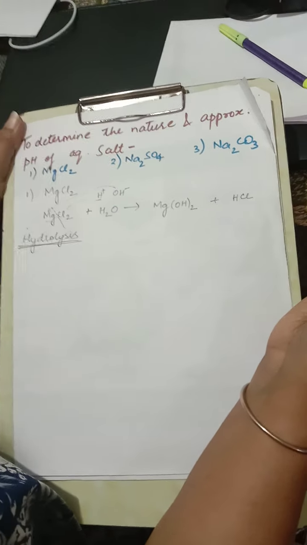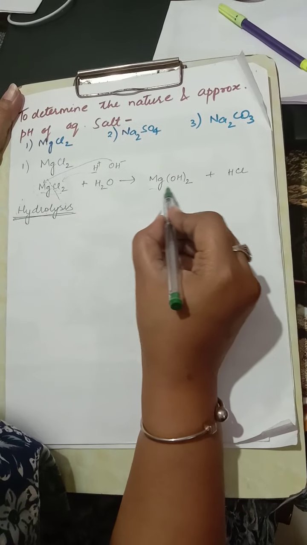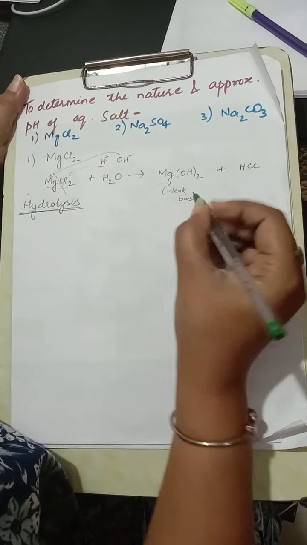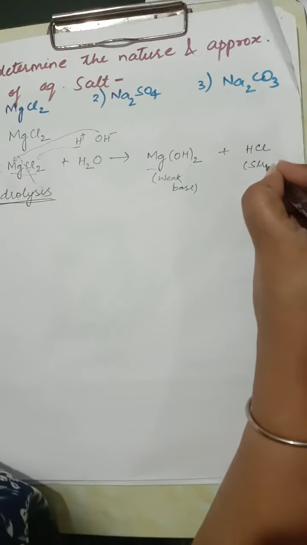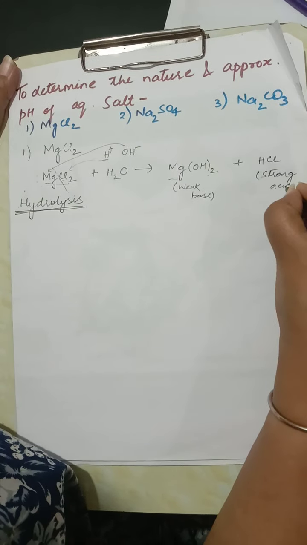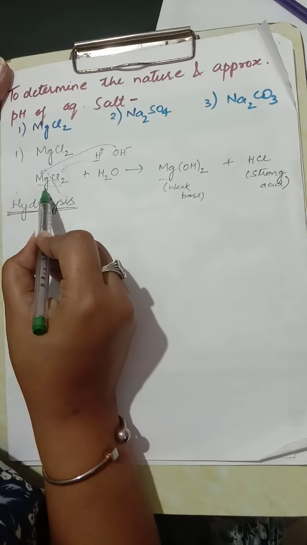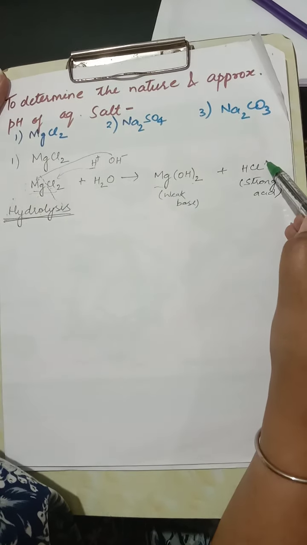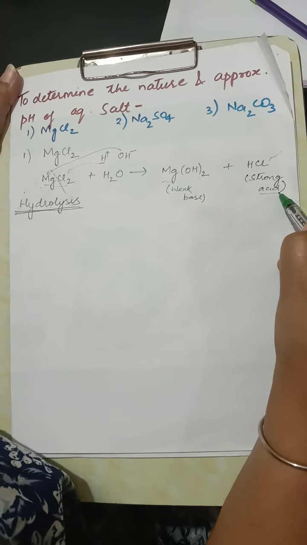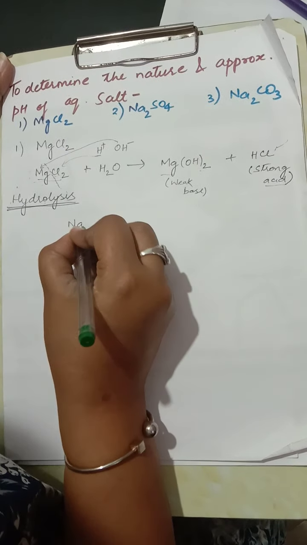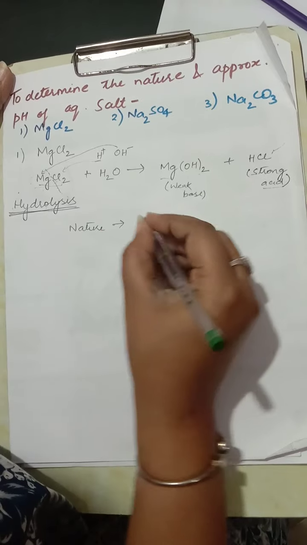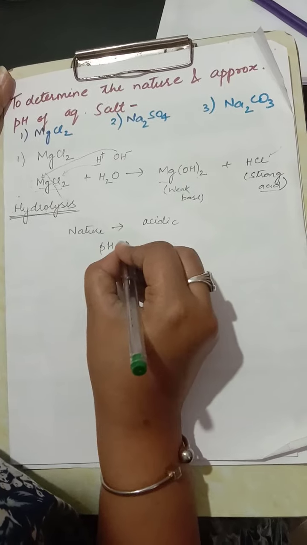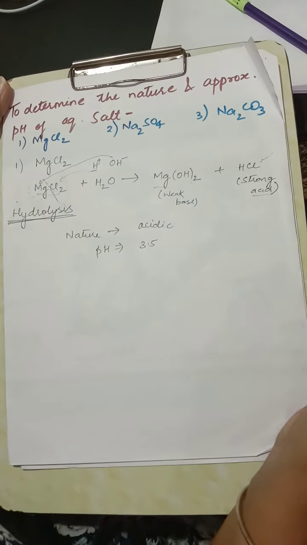And we already know Mg(OH)2 is weak base. HCl is strong acid. So, MgCl2 will adopt the nature of the stronger one. Which one is stronger? HCl. And it is acid. So, the nature of MgCl2 is acidic and its pH value will be 3.5 approx.